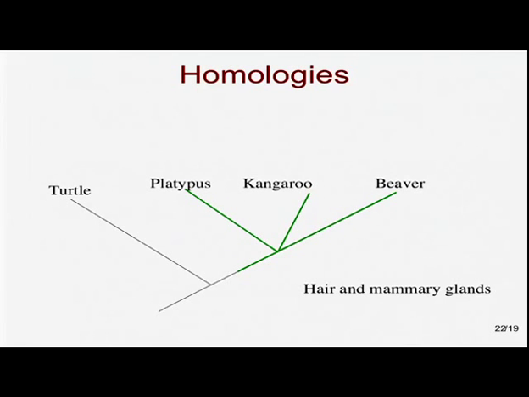So these guys are homologous to each other, or the same, because they all have hair and mammary glands. A platypus does, kangaroo does, and a beaver does. But you believe me that turtles don't, right? I'm not lying, not this time.